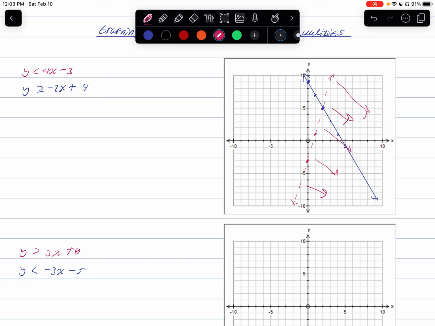And then for y greater than or equal to negative 2x plus 9, we're going to shade everything above that line.